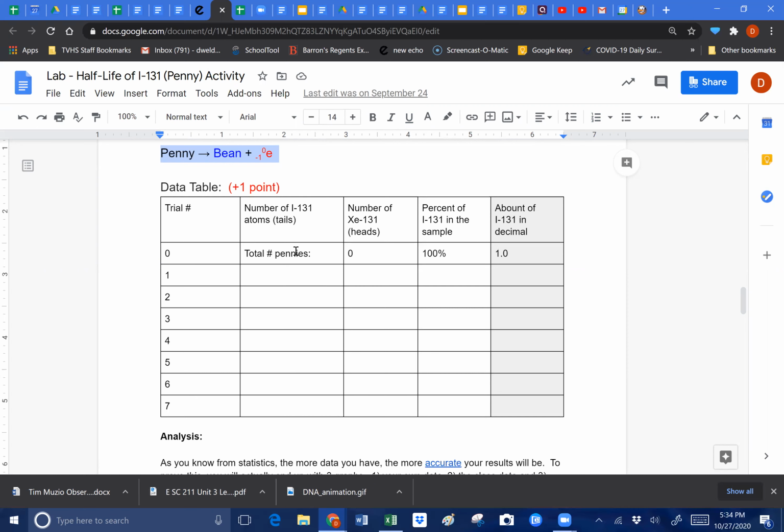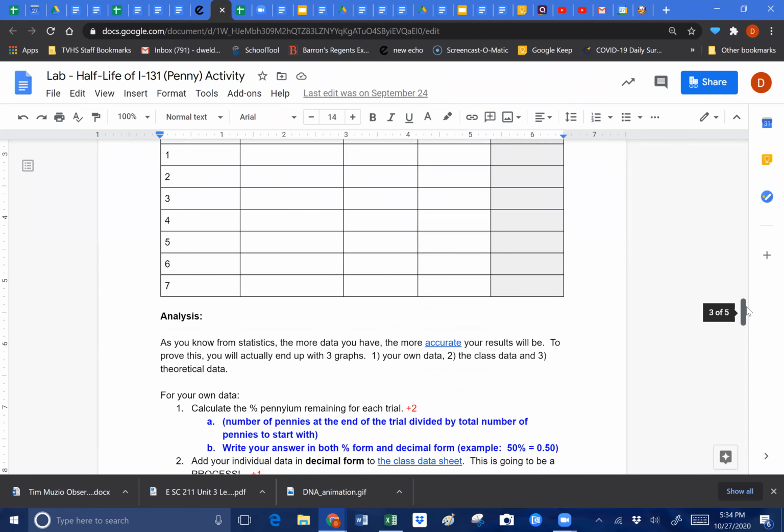So maybe you have 100 pennies, then 50 pennies, 50 over 100, then 25 pennies, 25 over 100, then 12 pennies, 12 over 100, then 6 pennies, 6 over 100. That would give you percentages, and then you'd transfer those into decimals. That's how you do that calculation.